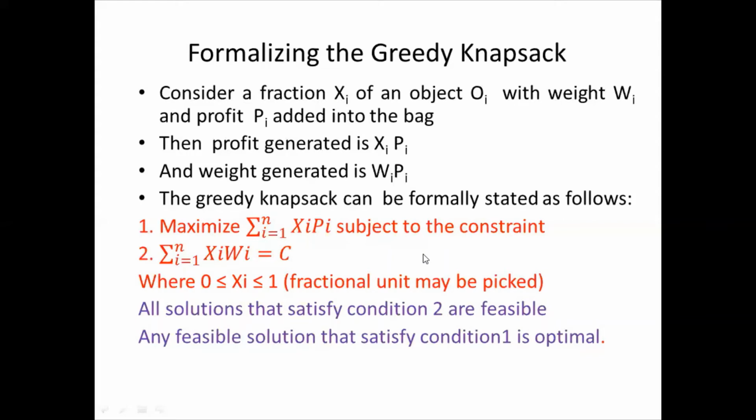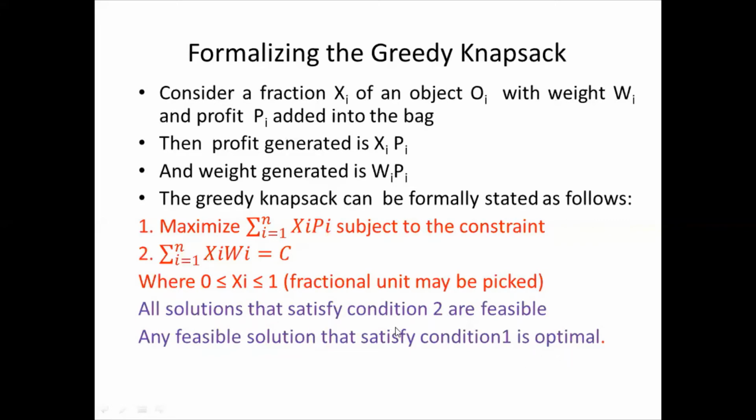All of those combinations of items picked would fall within the bag capacity C. But the aim is to pick one such feasible solution that satisfies condition 1, which is nothing but maximizing the profit. And such a solution, I call it an optimal solution.